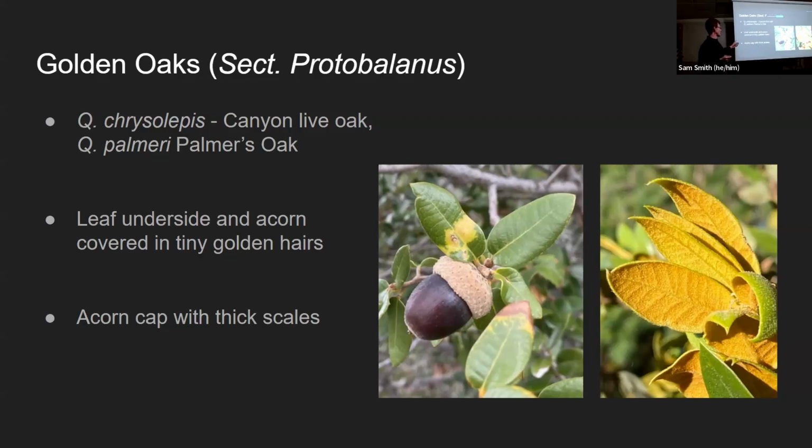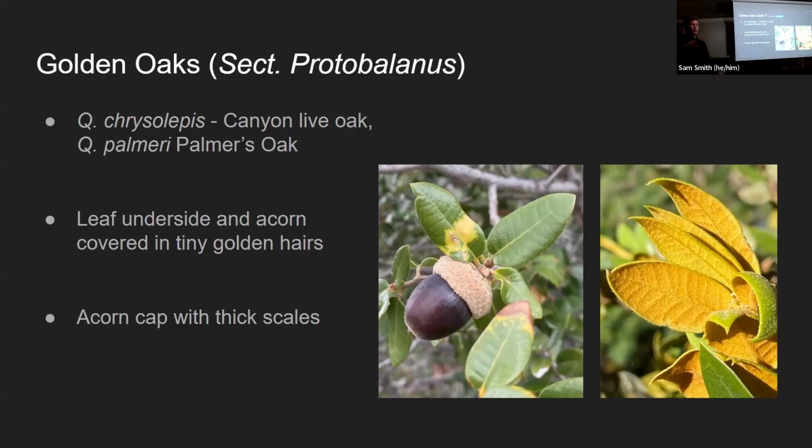But then the other piece is that the acorn cap has these thick and less pointed scales on it. And then another thing that's distinctive about canyon live oak is they have really variable leaves. So some of them are really toothed, some of them are entire. That's just kind of a distinctive thing of canyon live oak.